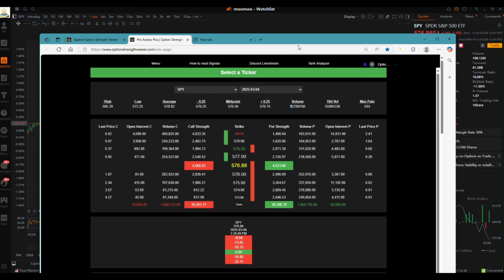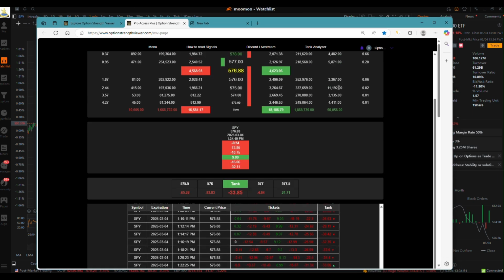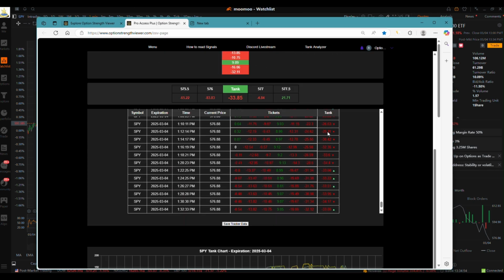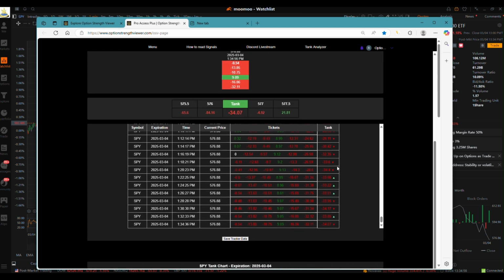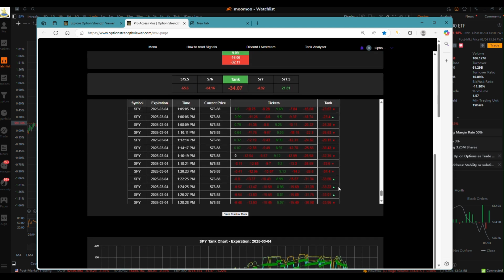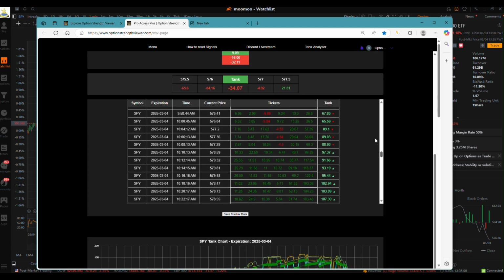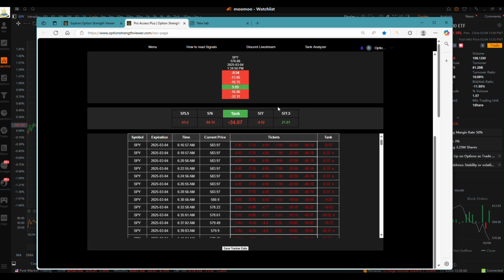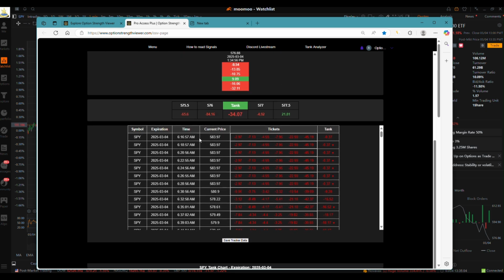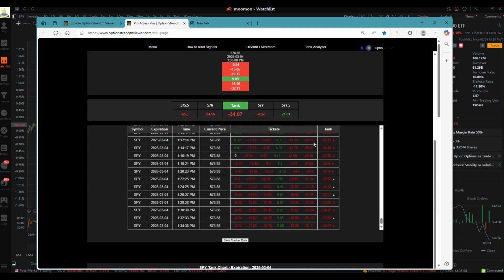This is OSV. During the market hours, all of this gets updated live. And when it's updating, it's going to keep track of what I call the tank number. This is the tank number. And what it is, the strength of the current strike price.